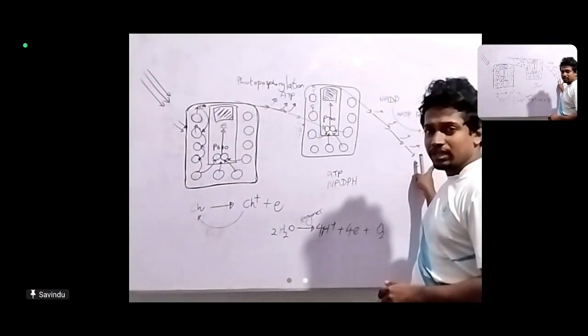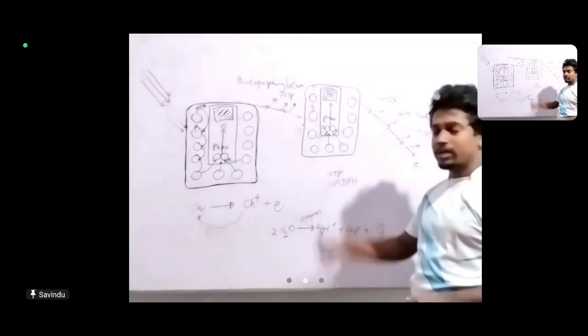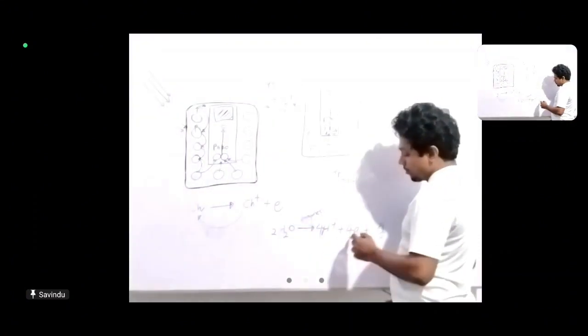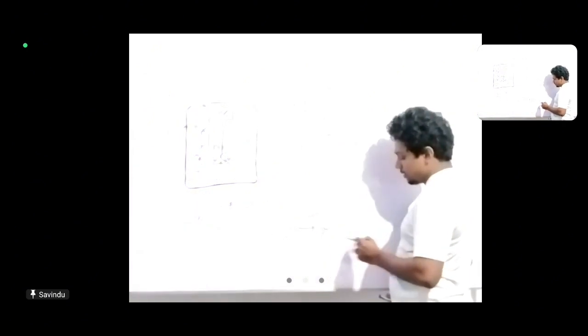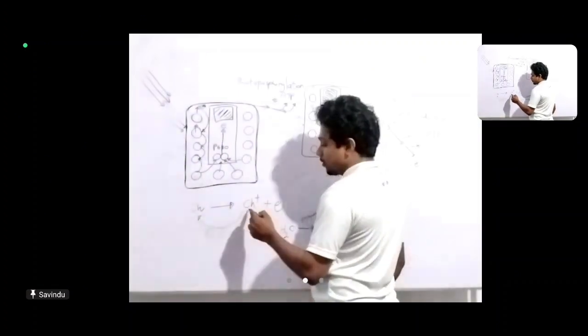But not these electrons. It's not the same electron that keeps coming. Any electron can come. But the most important thing is these electrons come and join with chlorophyll plus.